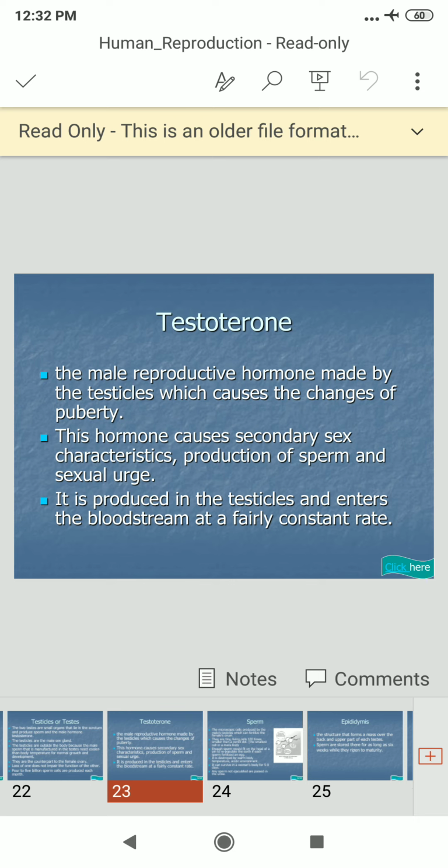Puberty is the time in life when a boy or girl becomes sexually mature, a process that usually happens between ages 10 and 14 for girls and ages 12 and 16 for boys, and it causes physical changes and affects boys and girls differently.